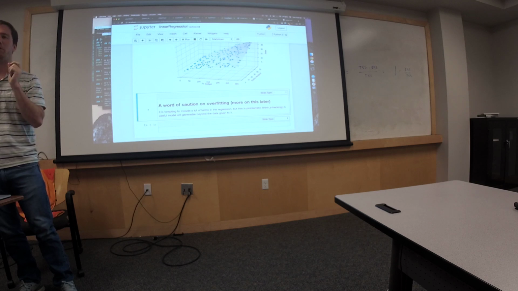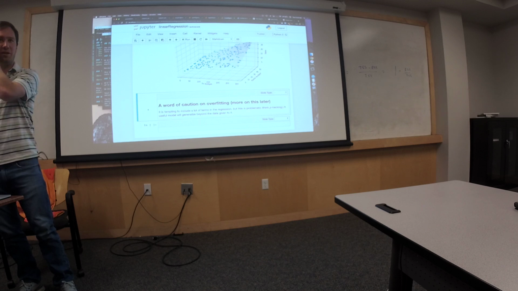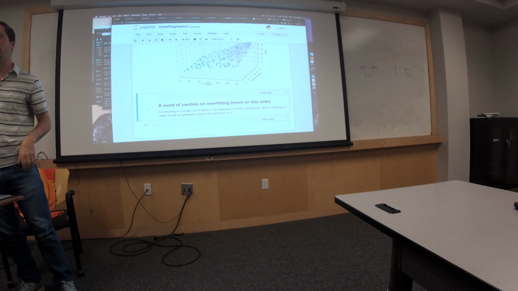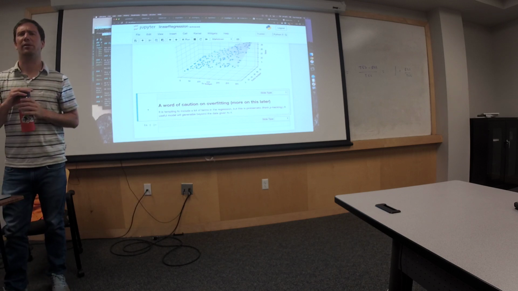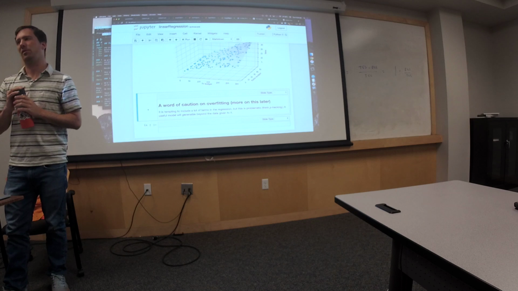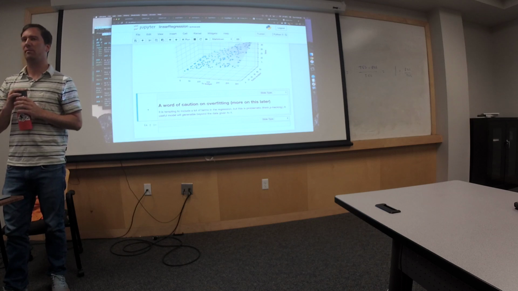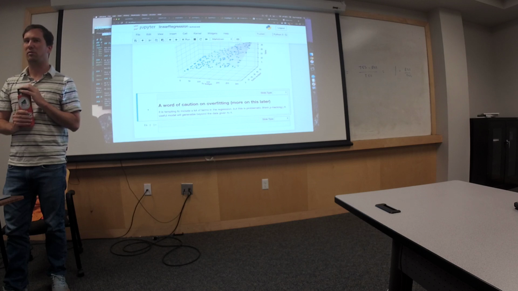Right? So we always pick a coefficient that removes a little bit more error. But that doesn't mean it's a better model. So we'll talk more about that, about sort of model selection stuff tomorrow. Any other questions?